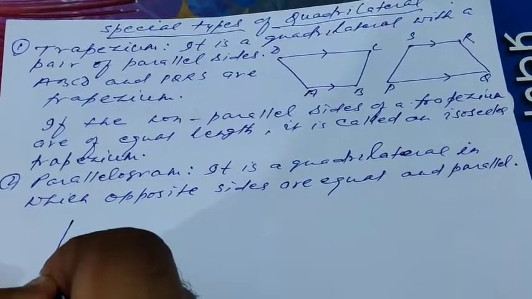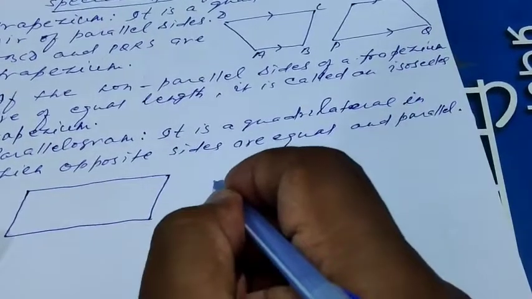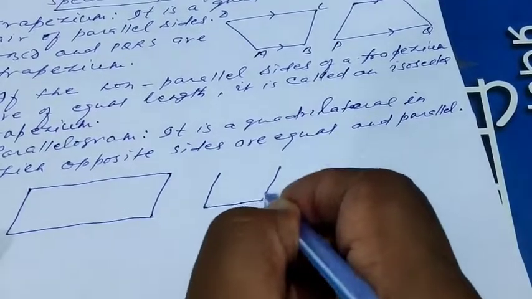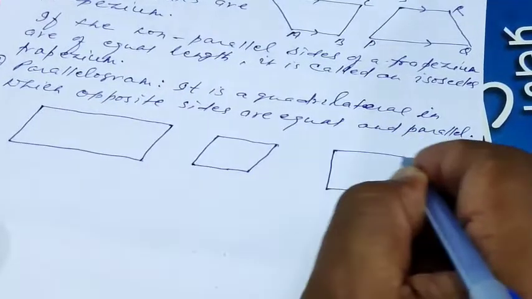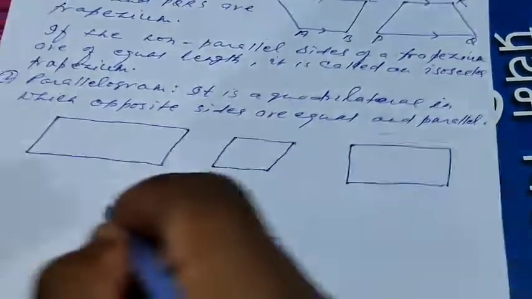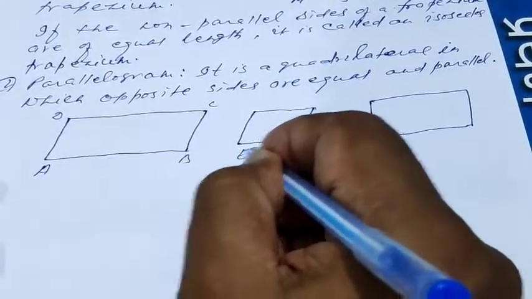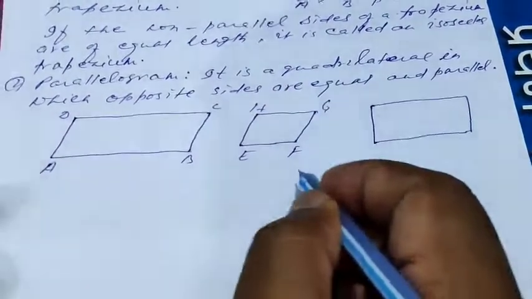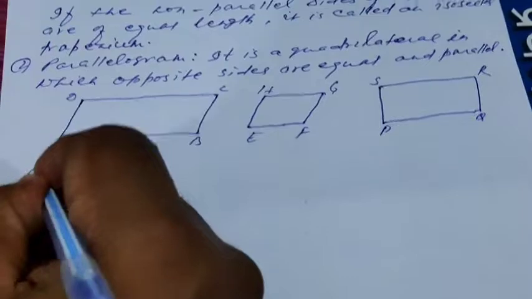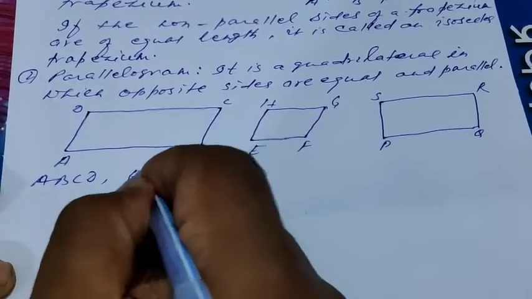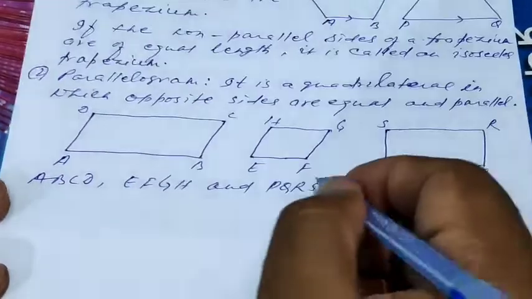Example: ABCD, EFGH, PQRS. Here ABCD, EFGH and PQRS are parallelograms.